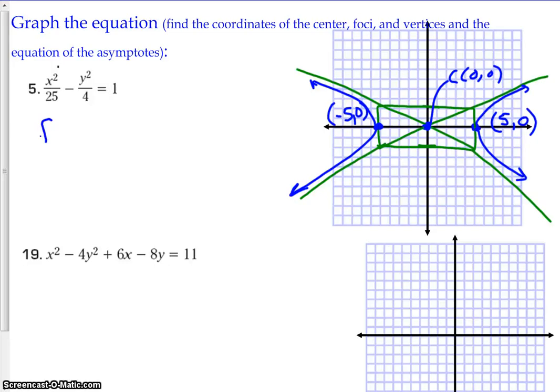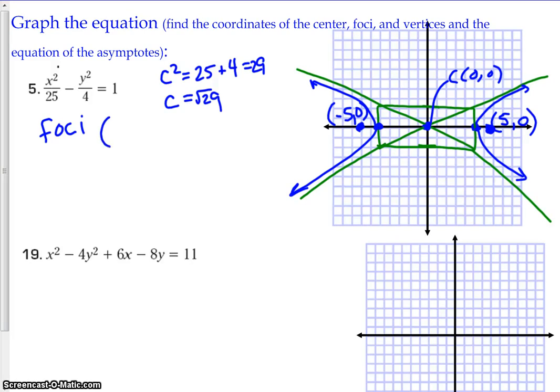Let's start with the foci. I'm going to come off to the side, and I'm going to say, well, c squared equals a squared plus b squared, which is 29. Sorry, 29. So c is the square root of 29. C is going to be right in here for one of your foci, right in here for your other foci. C affects your x. It affects whichever one is positive.